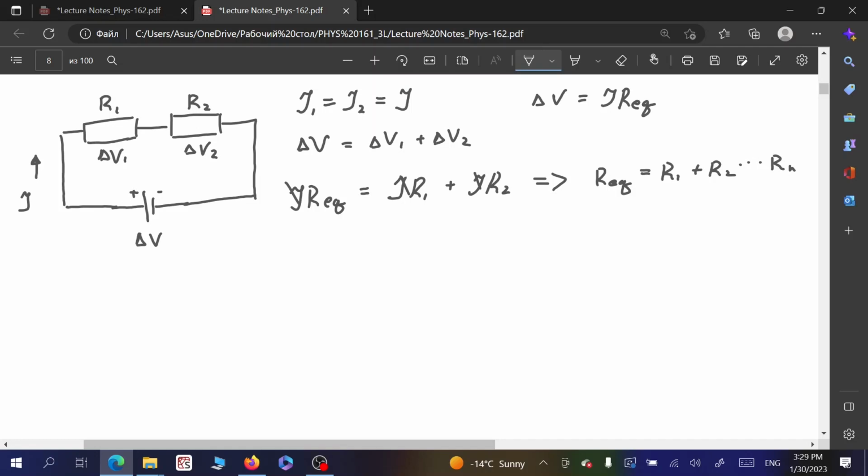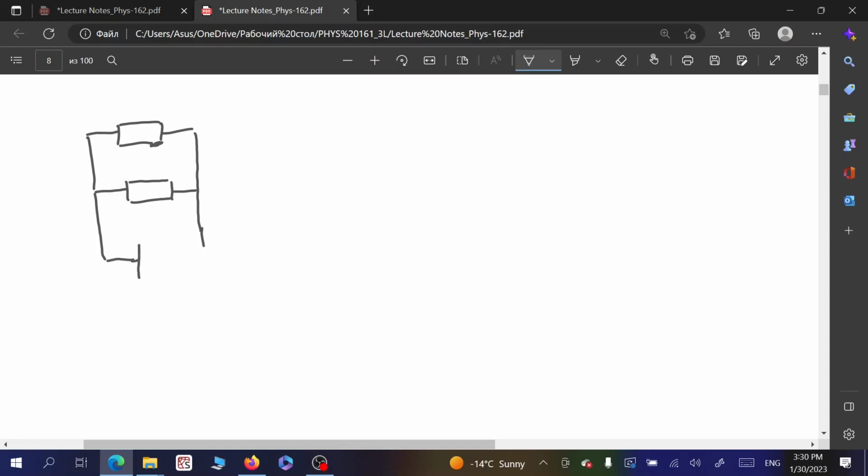Let us consider another example when we have two resistors connected in parallel. So we have one resistor, another resistor, and we have a battery.